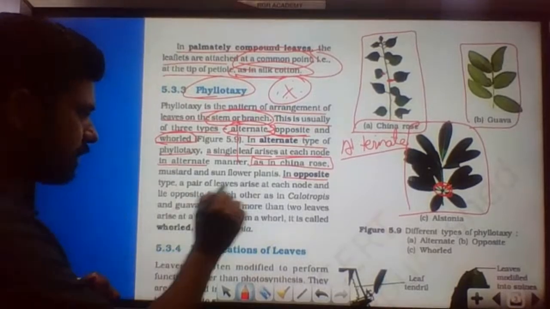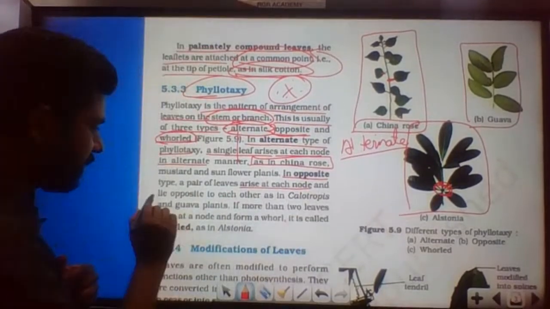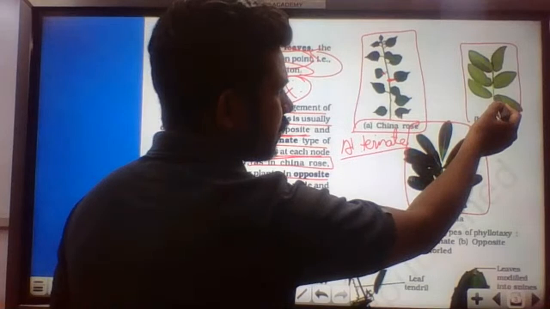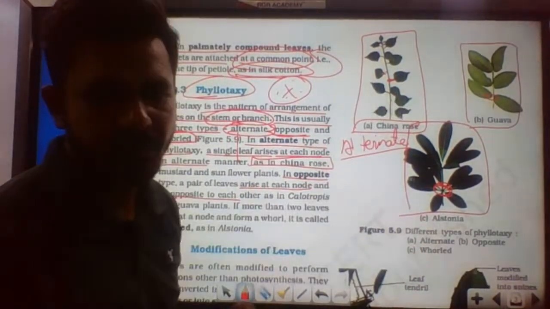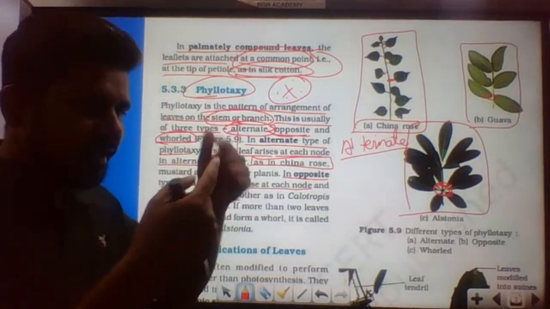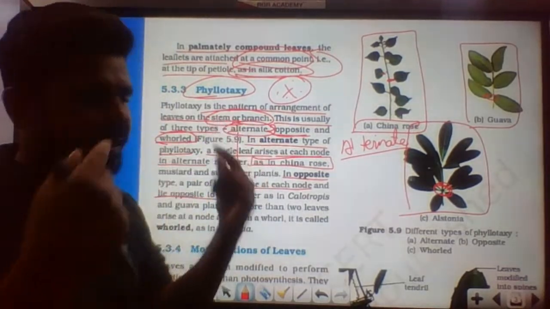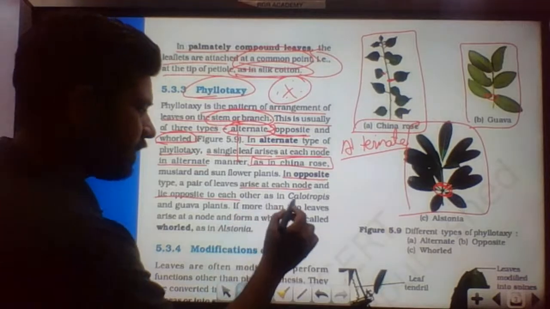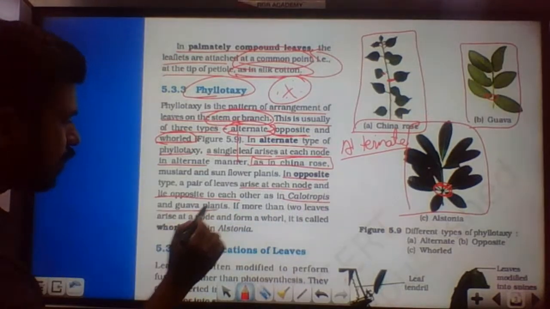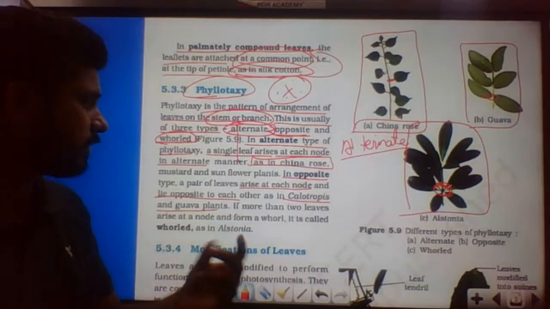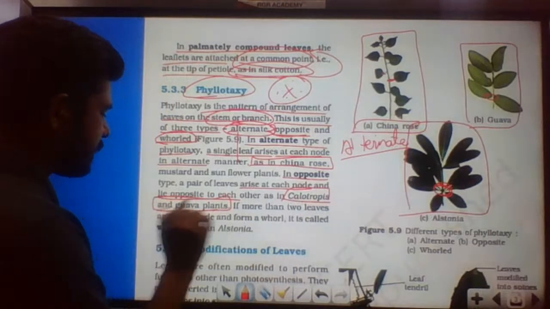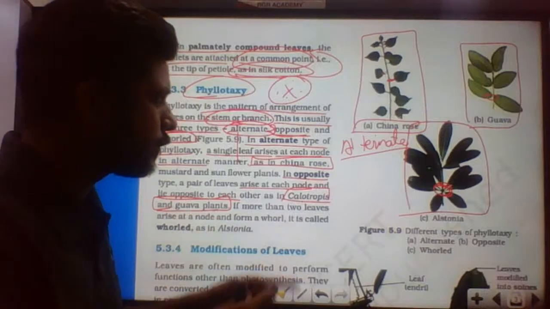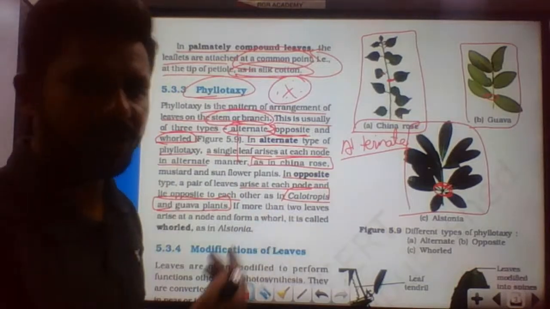In the opposite type, if you look at Guava, you can clearly see the leaves arising from the single node on opposite sides, as seen in Calotropis and Guava. There are two examples mentioned in our book: Calotropis and Guava. Guava and Calotropis plants have opposite phyllotaxy.